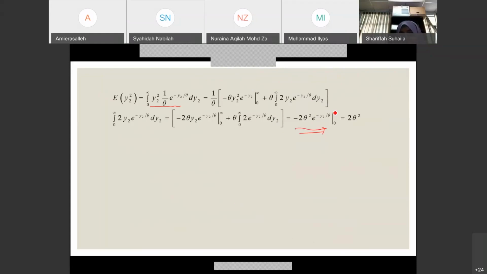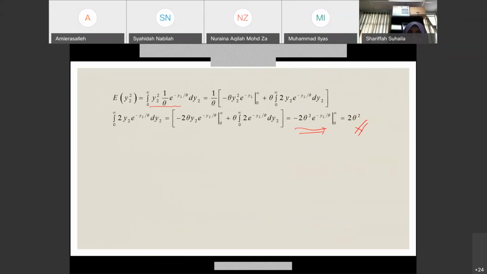So kita gantikan infinity. So 1 over exponential up to approaching infinity, that terms will become 0. So 0 minus this value, minus, so that's why positive 2 theta square. Gantikan y2 to 0, exponential to power 0 is equals to 1. So I get expected value of y2 square is 2 theta square.